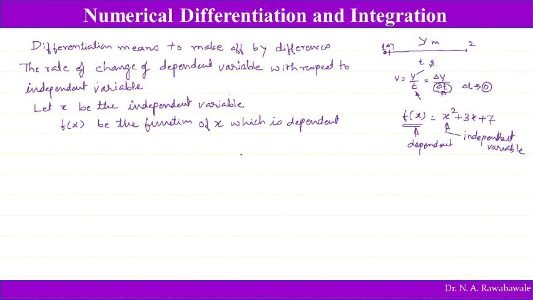Now let us assume a very minor change in the independent variable, and we consider delta x to be the change in the independent variable.